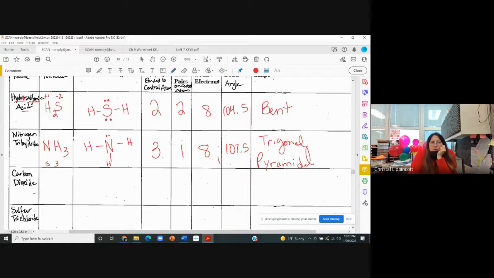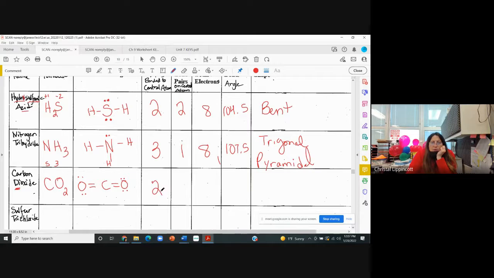All right, the next one is carbon dioxide. So carbon comes first. How many oxygens do I have? 2. Di means 2. So when I draw that in place, this is what that's going to look like. So how many bonded to the central atom? 2.